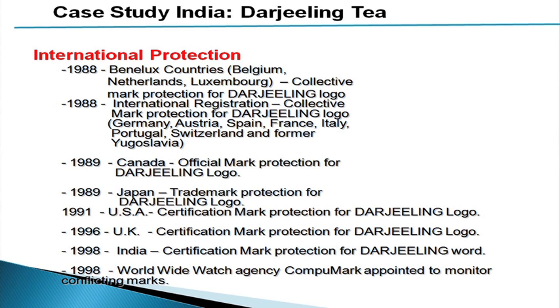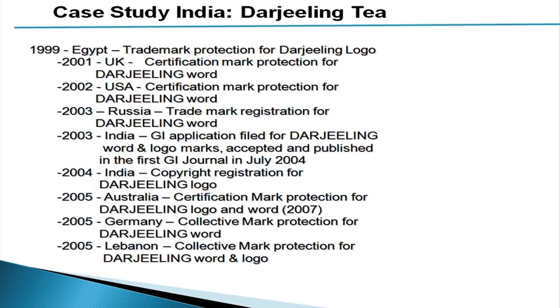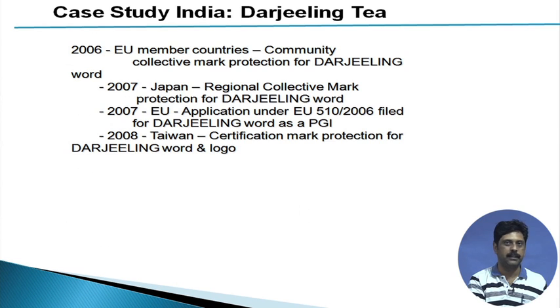In the UK they have registered a certification mark, and in the USA a certification mark. They also created a Darjeeling logo, not only the word Darjeeling tea or the place name with reference to that product as a GI. They also created a logo for advertisement and promotions. So, this is the different way they extended the right in different jurisdictions.